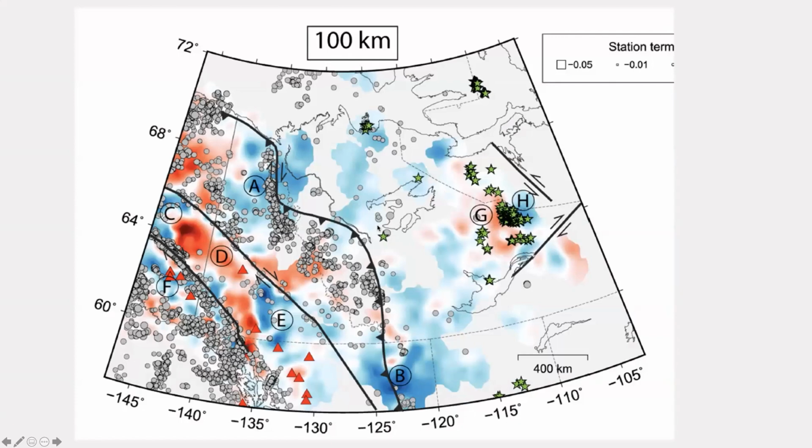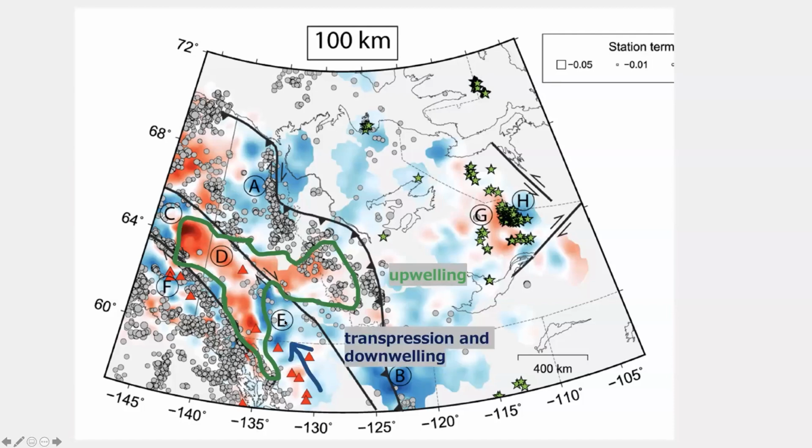All right, so what could be happening here? Here I show the P wave velocity at 100 kilometers depth. Well, there's probably upwelling. This upwelling may be associated with the opening of the slab window. There's probably transpression and downwelling.